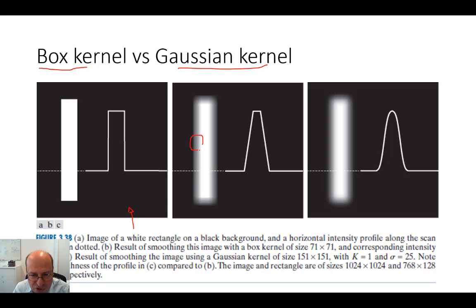You don't see too much of an edge here, whereas if you have a smoothing function using a Gaussian, you have a much nicer result. A Gaussian smooths everything in a nicer, very natural way.